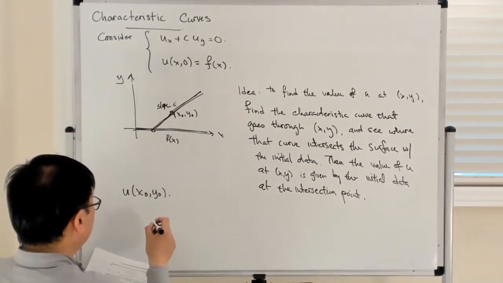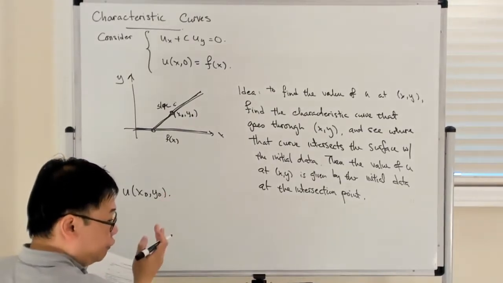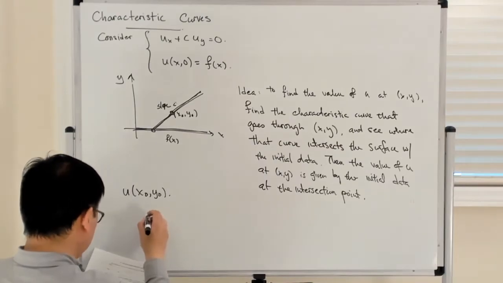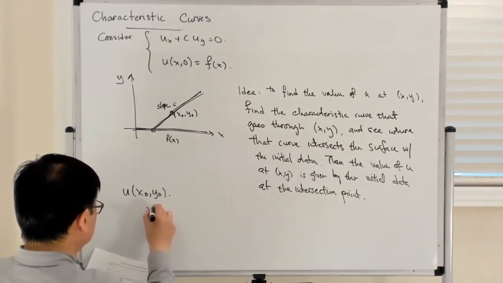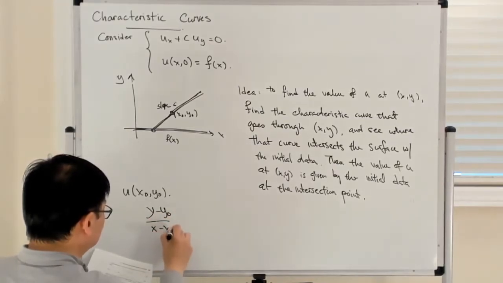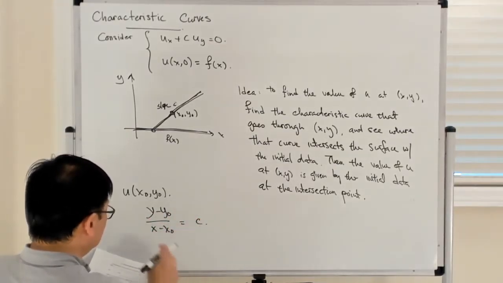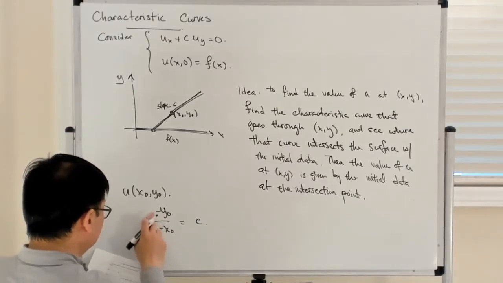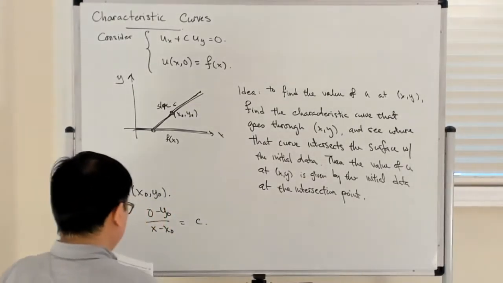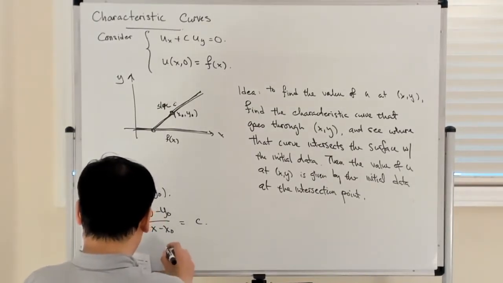So the defining equation for a line of slope c is just that y minus y0 divided by x minus x0 is equal to c, but the y value corresponding to this x is 0. So I can solve for this.